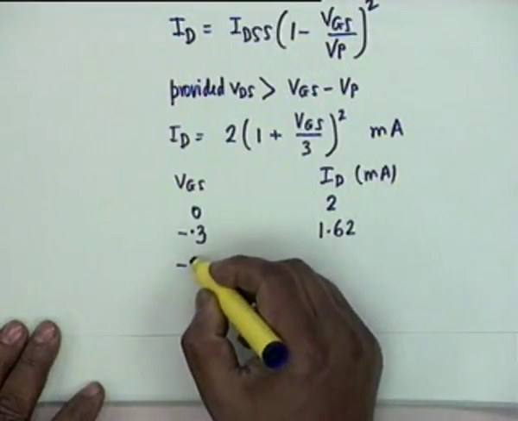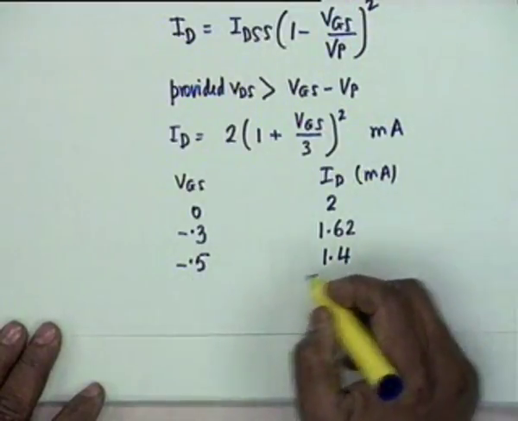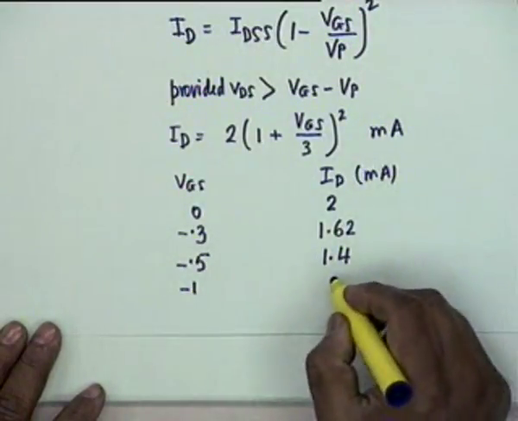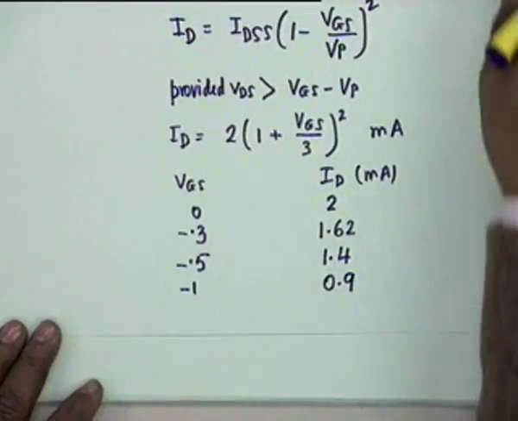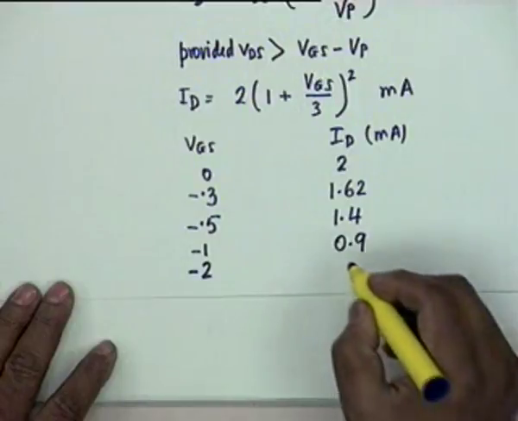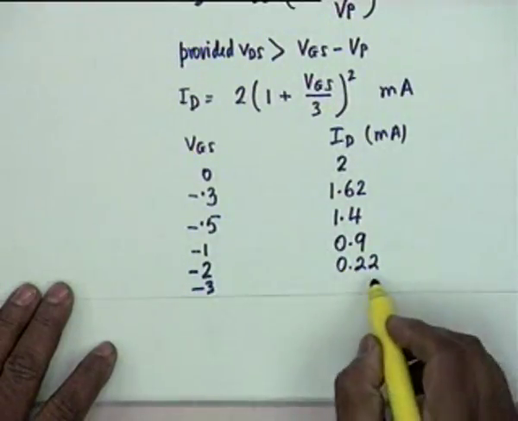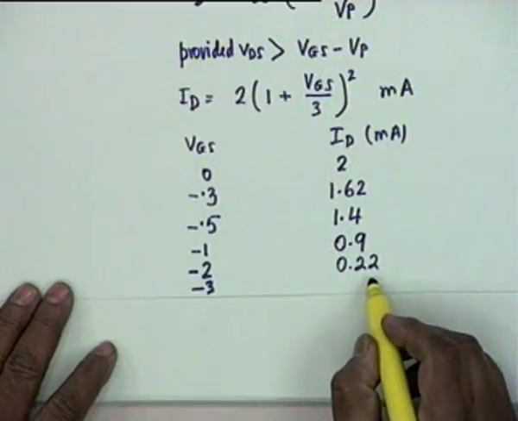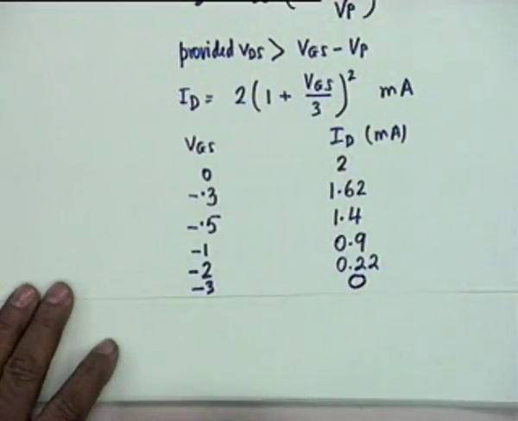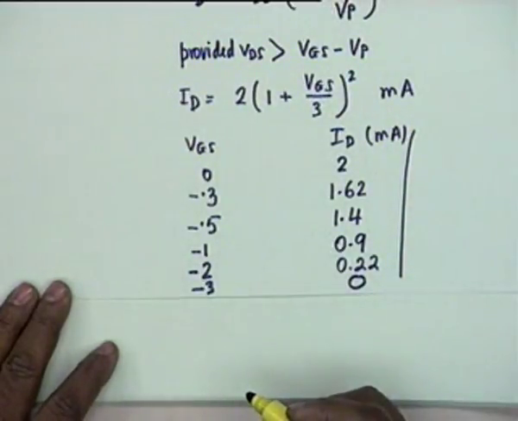If VGS is minus 0.5, it calculates to approximately 1.4; minus 1, 0.9; minus 2 is 0.22; and minus 3, 0. These are good enough for drawing the characteristics.